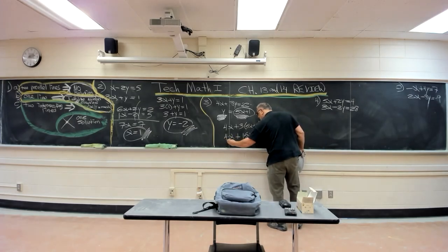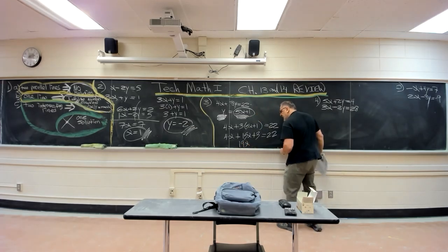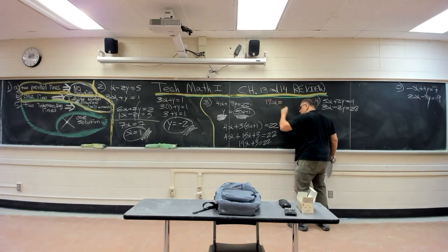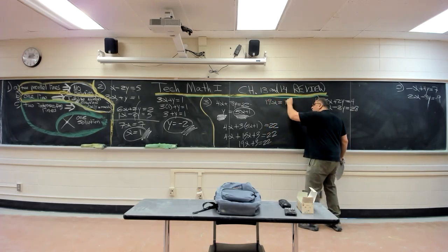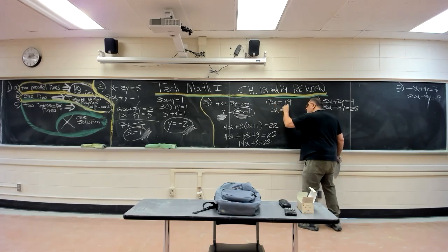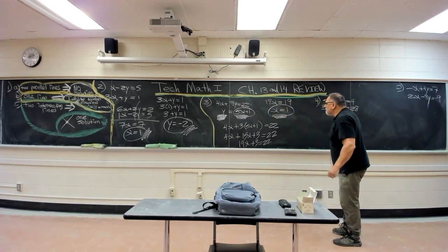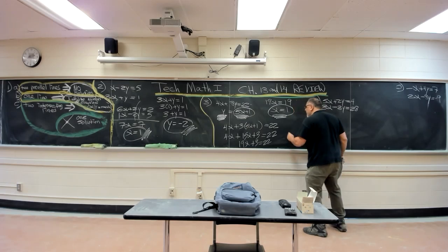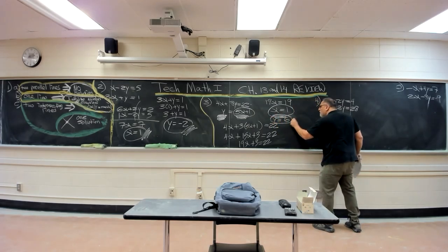Take this and this and add them together. Get 19x plus 3 equals 22. Subtract 3 on each side. You know where we're going on this one. We got this. Divide by 19 on each side. X equals 1. 1 times 5 is 5, plus 1 is 6. There you go.